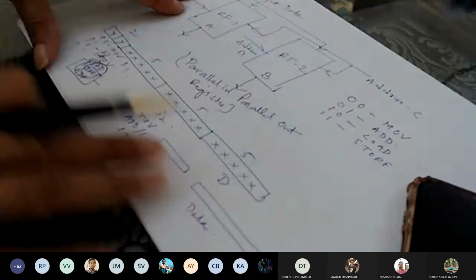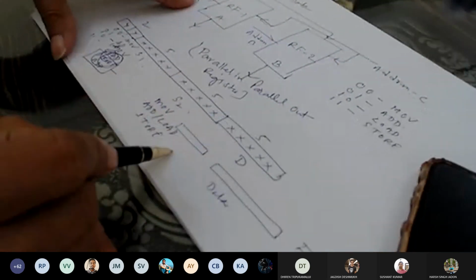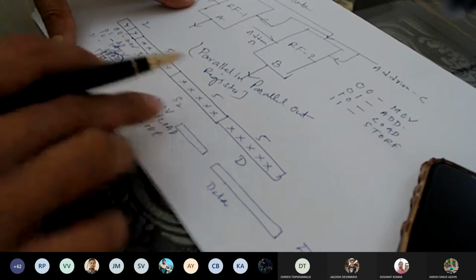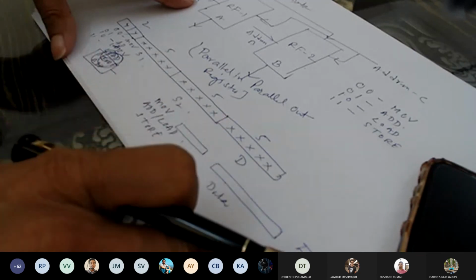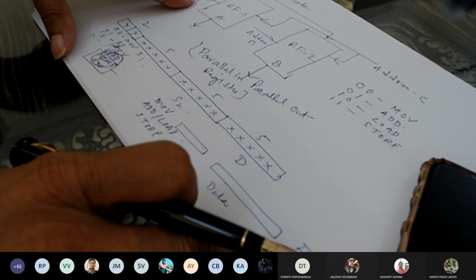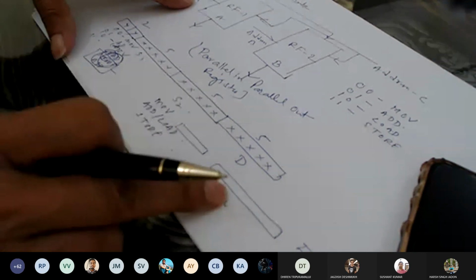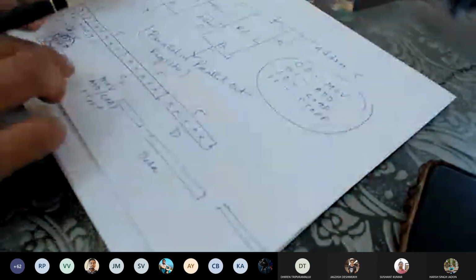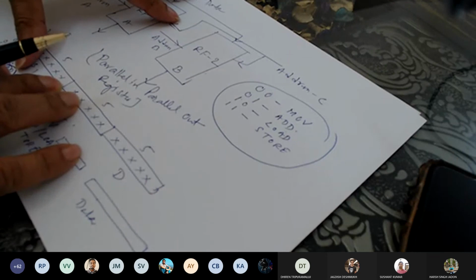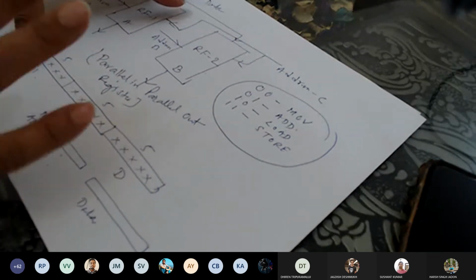So in addition to these internal registers, what I will do, I will implement 3 more registers. These 2 registers will be used for reading. This one will be used for storing the value. You can understand why I require 3 additional registers outside this register file. This is not a complete implementation of the processor.